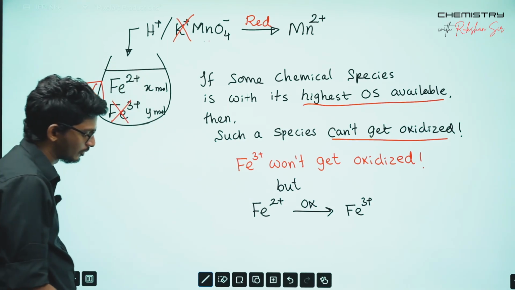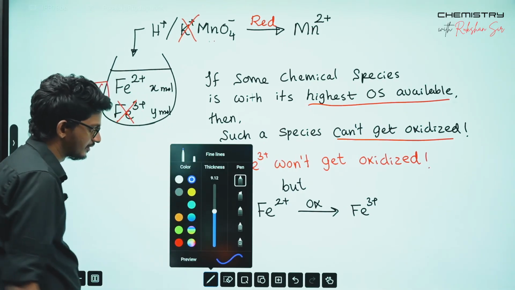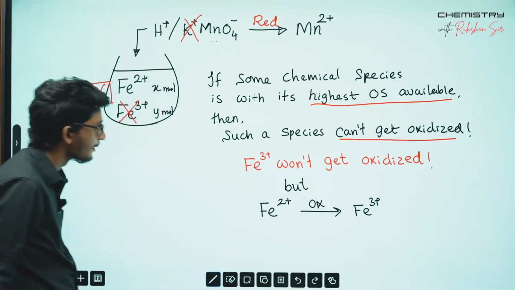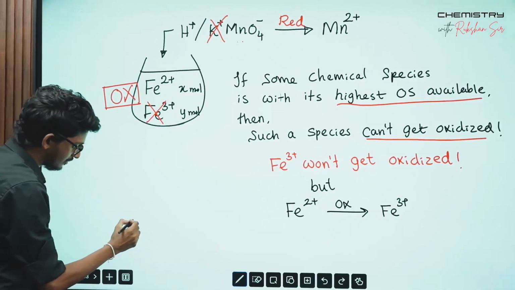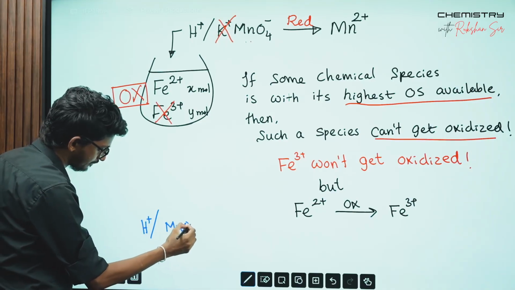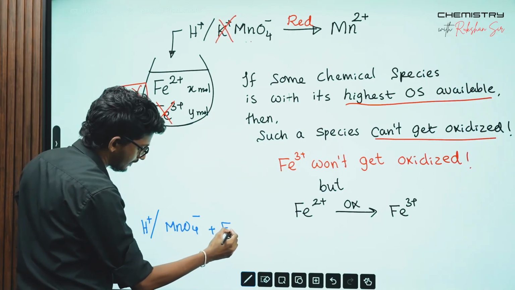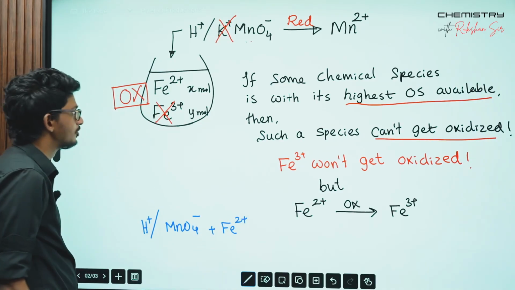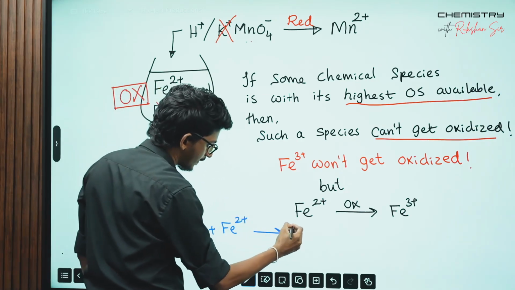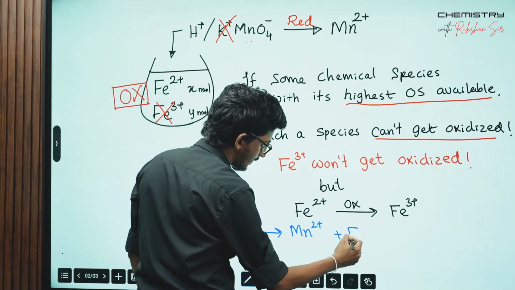We can write the chemical reaction possible with this setup as: your MnO4- in acidic medium reacts with the Fe2+ here to produce Mn2+, so this guy will reduce to Mn2+, and the Fe2+ will get oxidized to Fe3+.